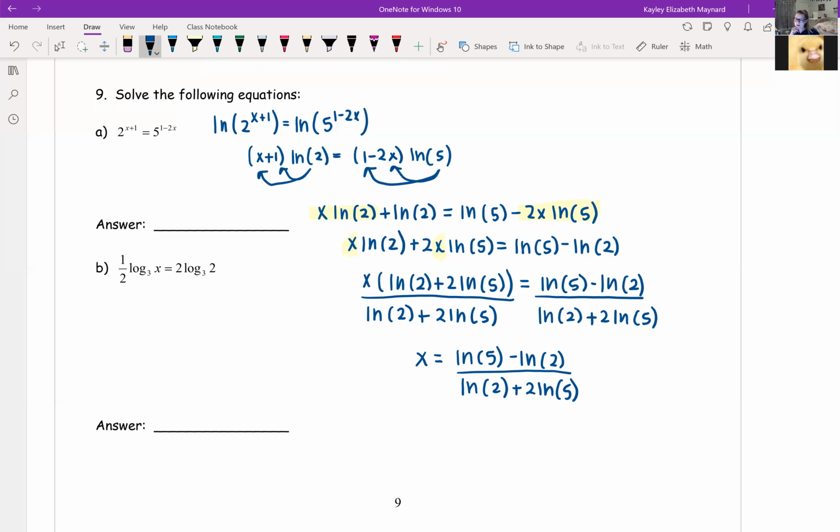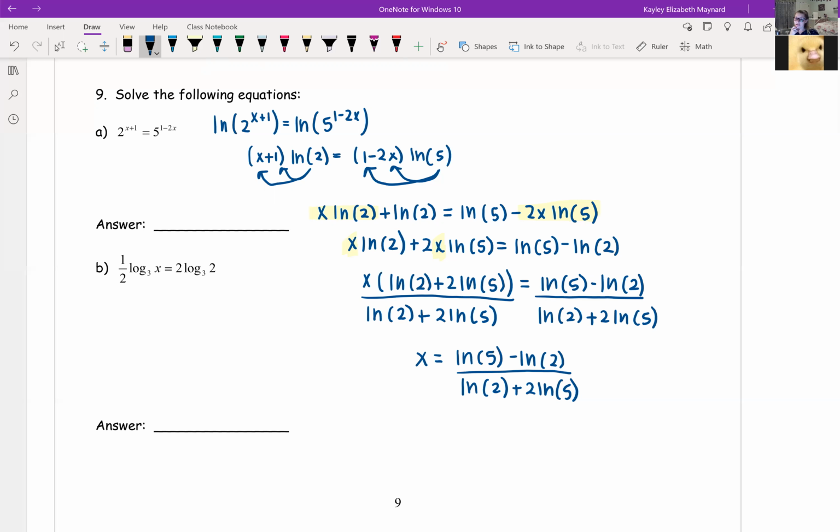So like I mentioned in both classes, it's not that this answer is wrong, it's just not in simplest form. So it's like before when you've given an answer in a previous math class, and it's not wrong, but it's just not fully simplified. So that's what's going on here.